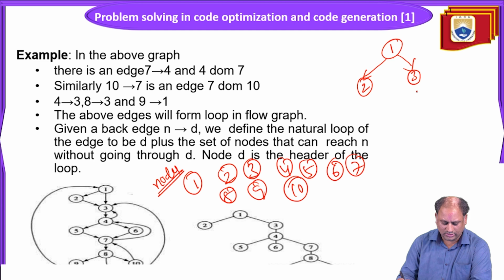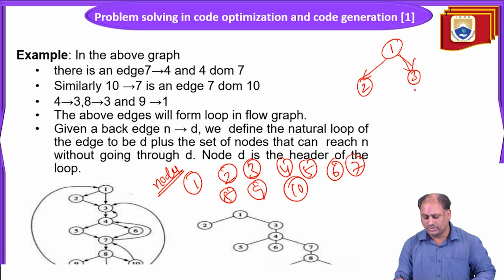From 2, there is no need to write the edge, because it depends only on nodes 1, 2 and 3. Node 2 has an association with 3, but that association is not required here. For node 3, the association is 4 only.